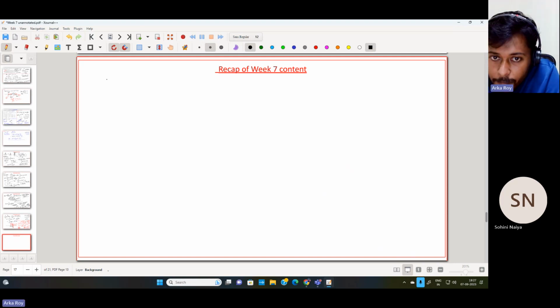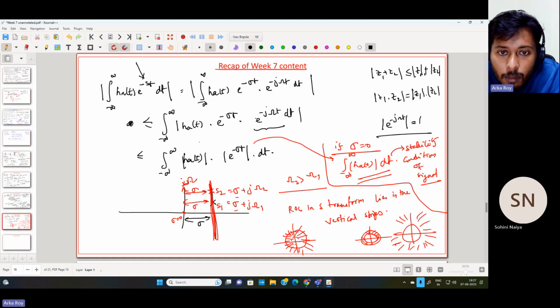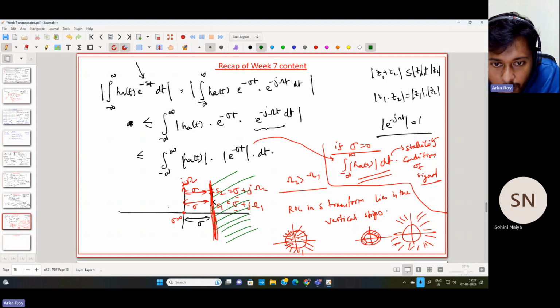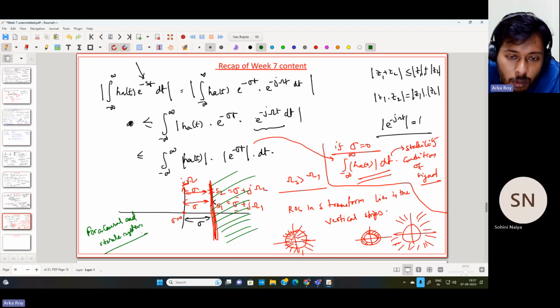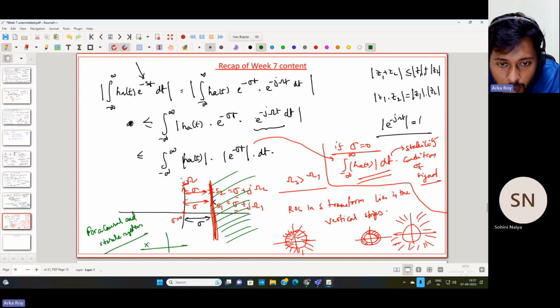Additionally, what I had just missed is that the ROC will lie over here. For a causal and stable system, we already know that the poles should lie in the left half plane of the S plane.